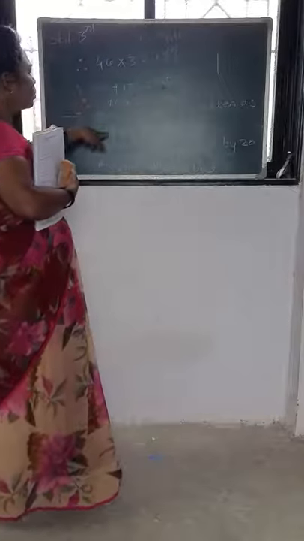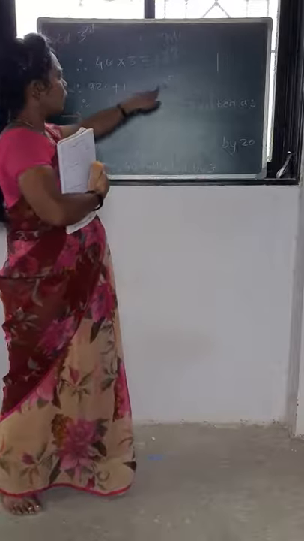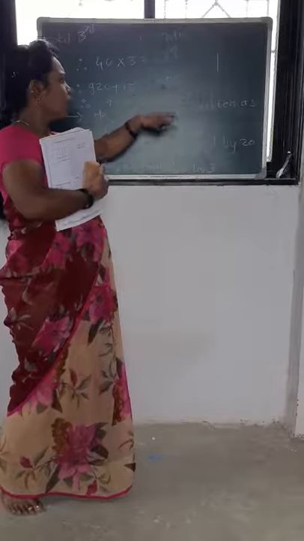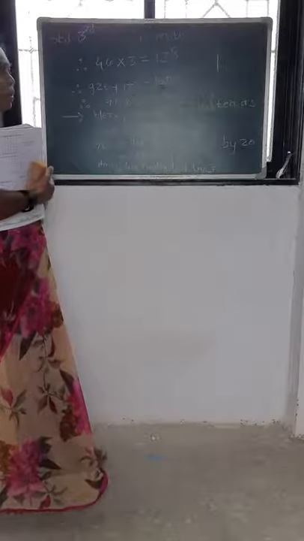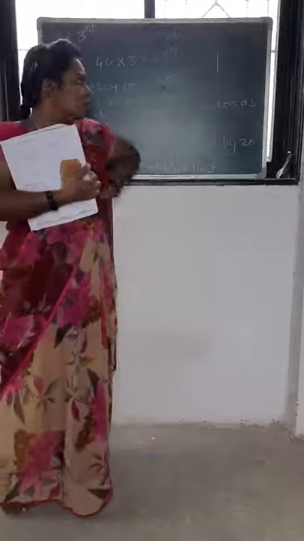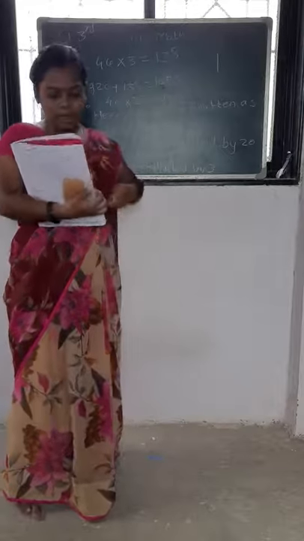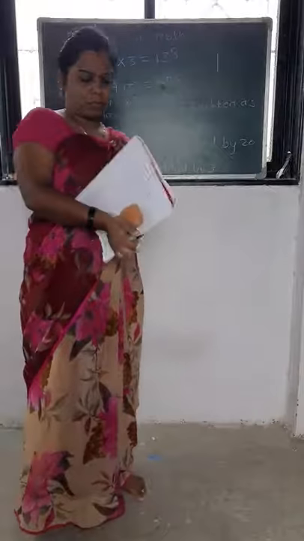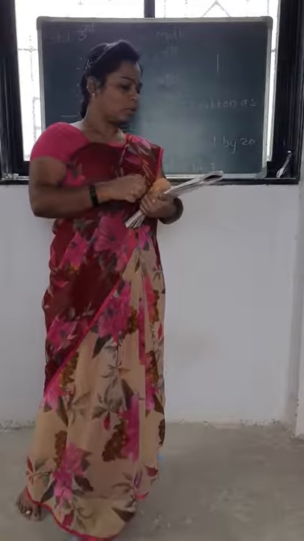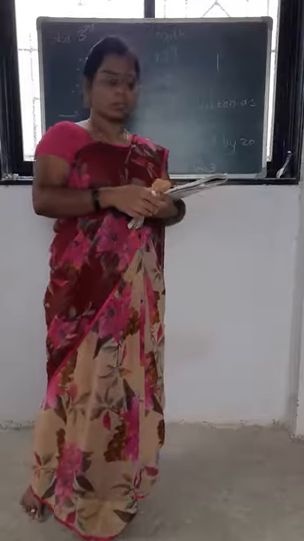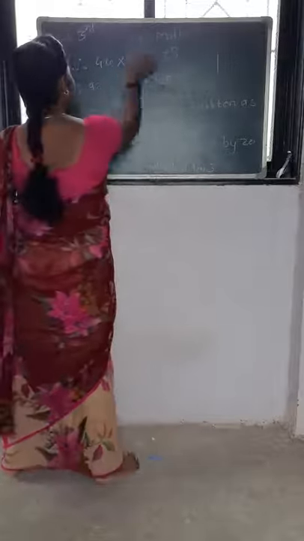Adding these two multiplications, 920 plus 138 is equal to 1058, and the final answer is 46 multiplied by 23 is 1058. This is one method. Next we have to see the second method.